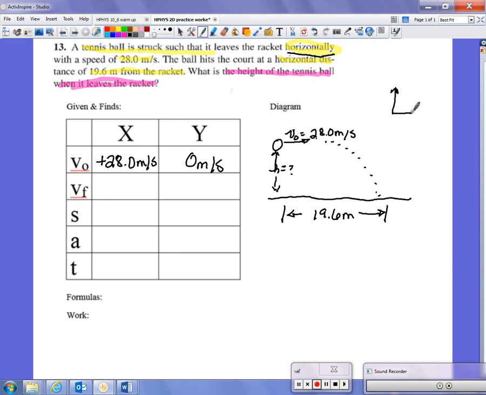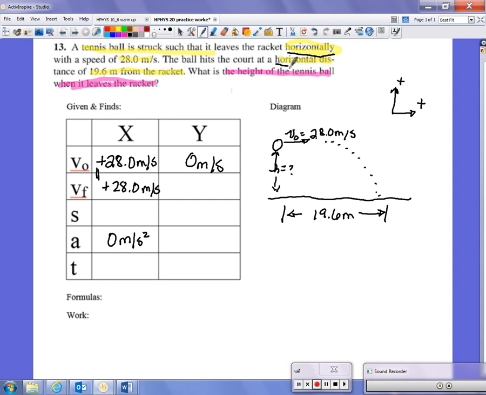This is positive and this is positive. I do not need to put those here. It's assumed and understood. We know that the acceleration in the x direction is 0 meters per second squared. So that means that my initial velocity and final velocity vectors in the x direction are the same, so I'm just going to write those down.